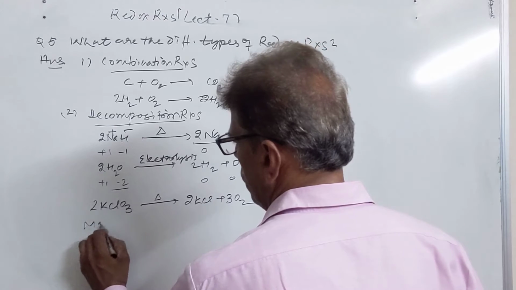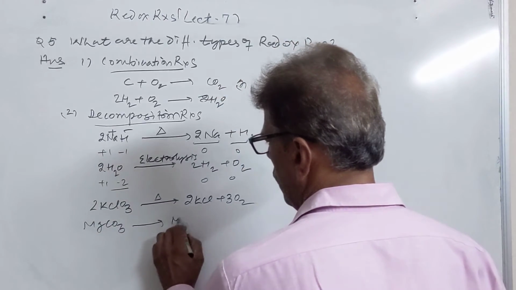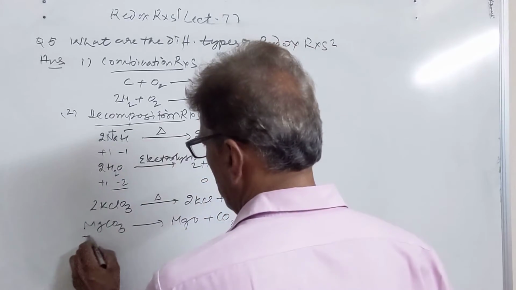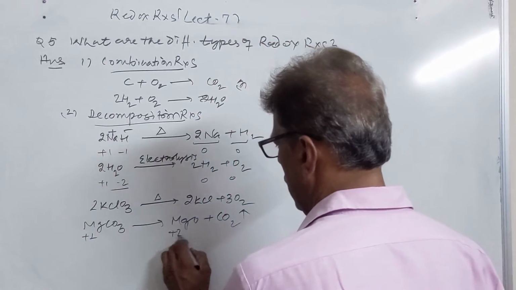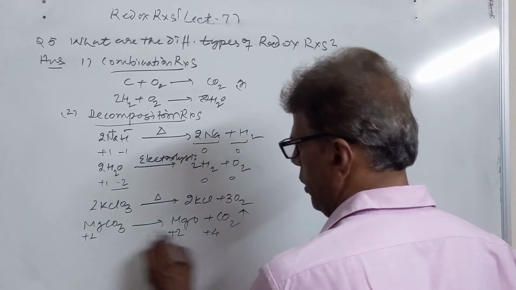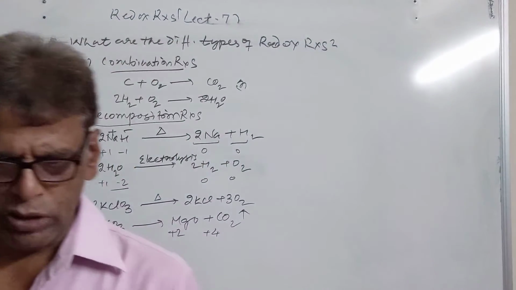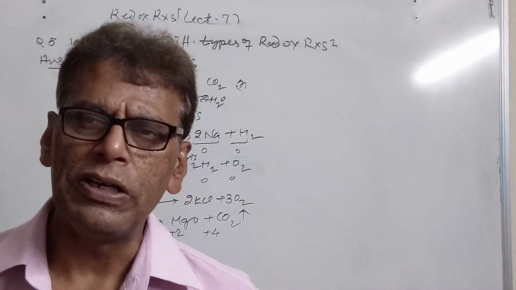And in some decomposition reactions, the change of oxidation number might not be observed. Here magnesium is plus 2, here again plus 2, and carbon is plus 4 here, also plus 4 here. So oxidation number might not change in all decomposition reactions.